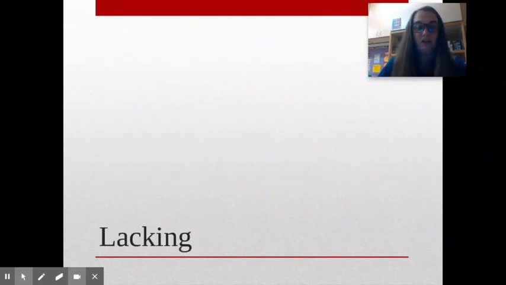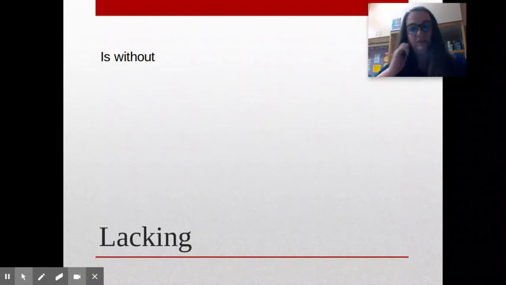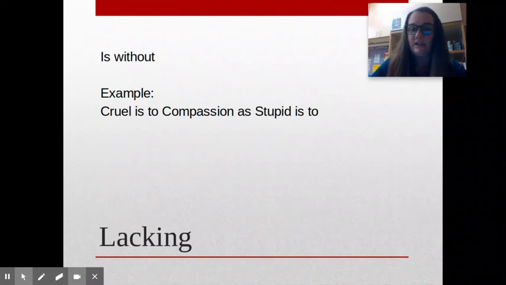The next type of relationship is lacking. If you lack something, it means you do not have it. So it's is without. Our example here, cruel is to compassion, as stupid is to what? So when we're talking about the word lacking, we could say cruel is without compassion, or cruel is lacking compassion.